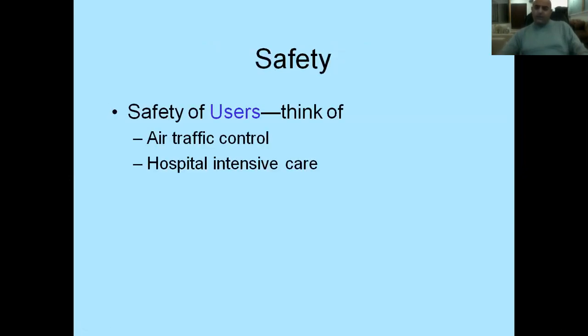Safety. Safety of what? Safety of users. Think of air traffic control, like the cockpit of the pilot in the airplane, where the buttons of the engines are very close to each other. Maybe the pilot makes a mistake and clicks a button when he intended to click another button.